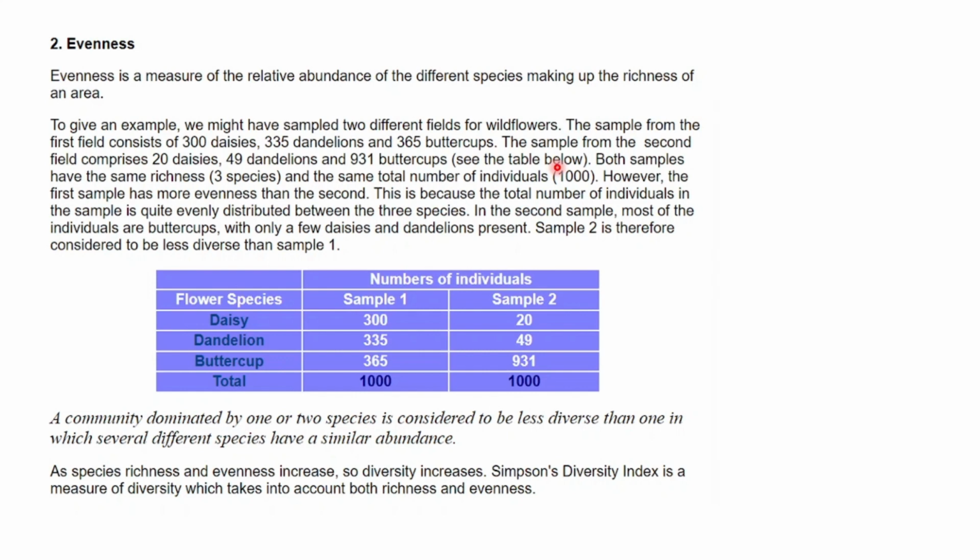So as species richness and evenness increase, diversity also increases. Simpson's diversity index is a measure of this diversity, which takes into account both richness and evenness. I hope the definitions of both these terms are clear now.